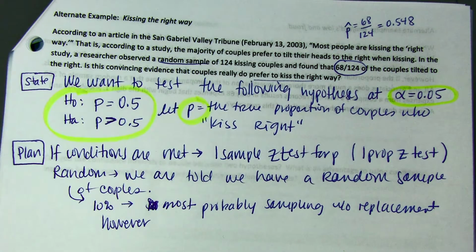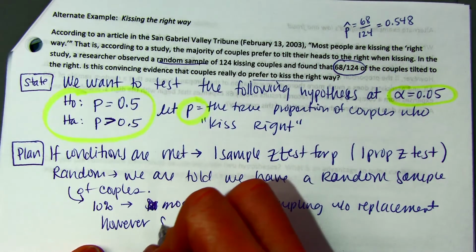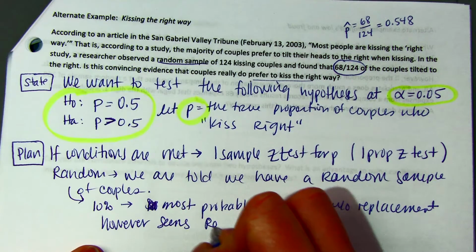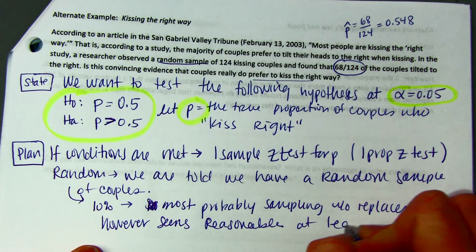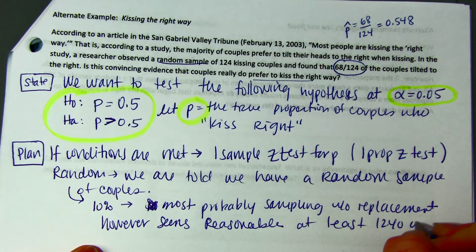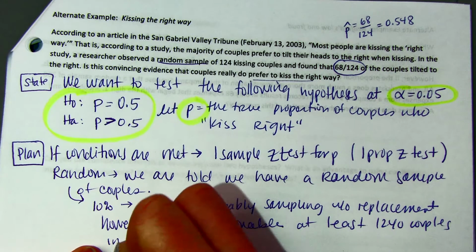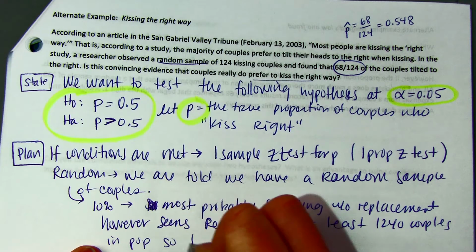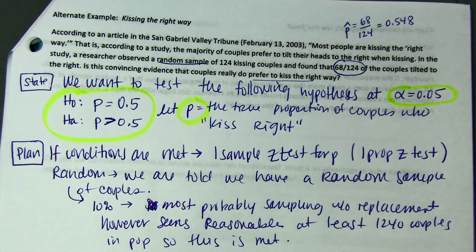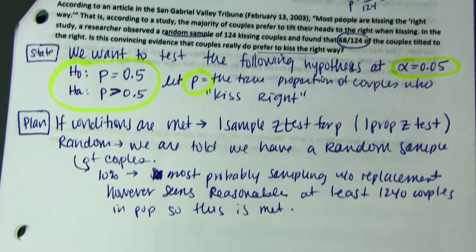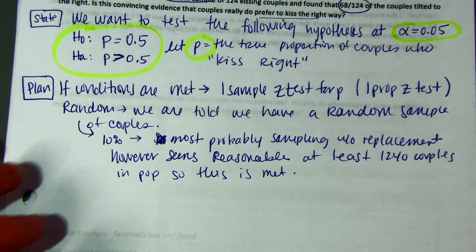So I think that seems reasonable. It seems reasonable that there are at least 1240 couples in the population. So this condition is met. So then for proportions, is it large samples or large counts? I hope you said large counts.